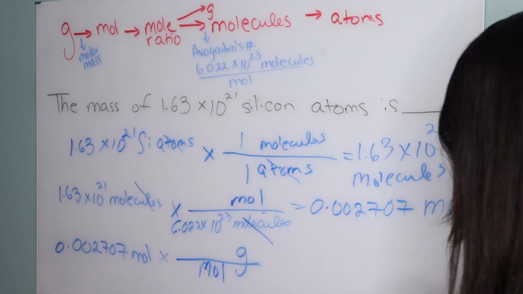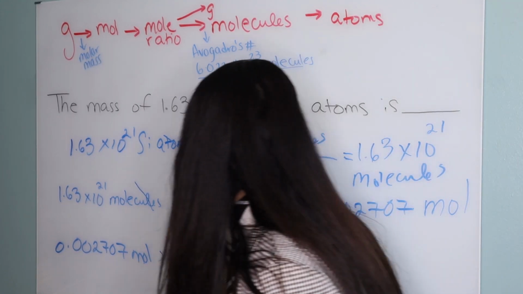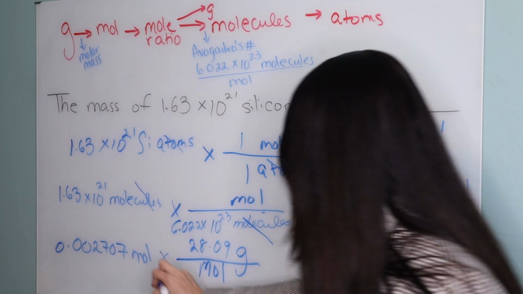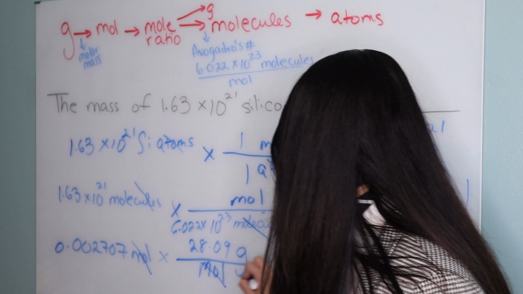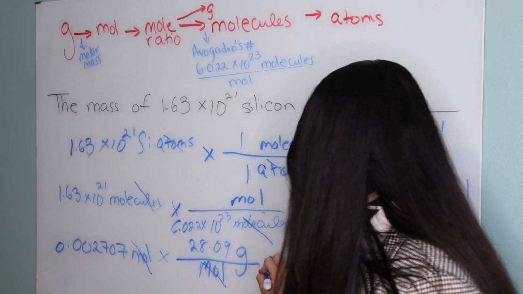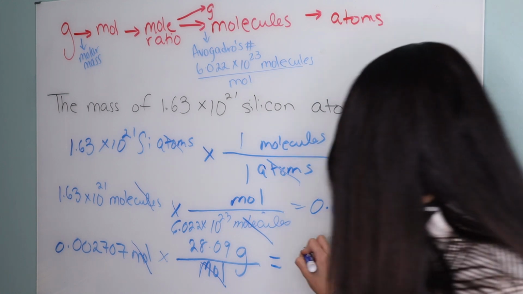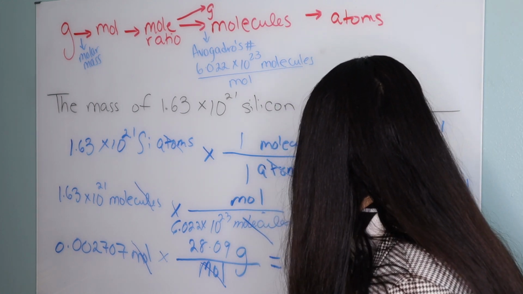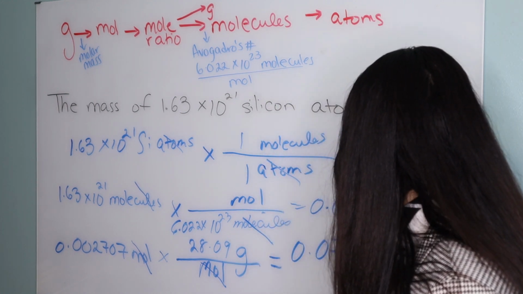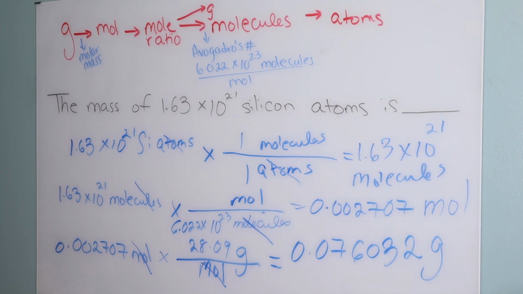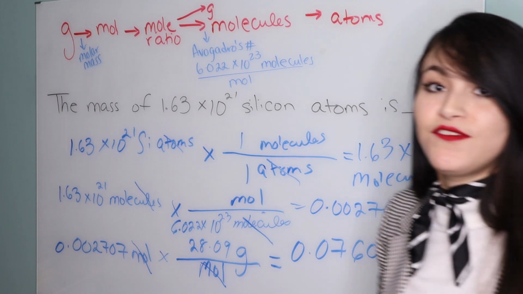And over here, I'm going to be writing the molar mass, which is 28.09. So that's going to get rid of my moles. And now I end up with grams, which is what we wanted. And the final answer is 0.076032 grams.